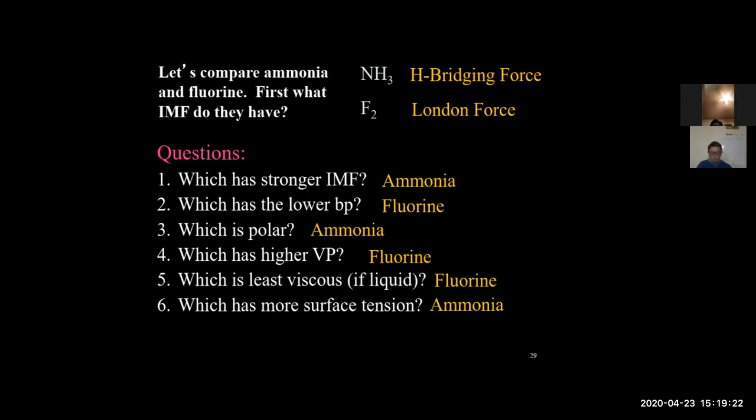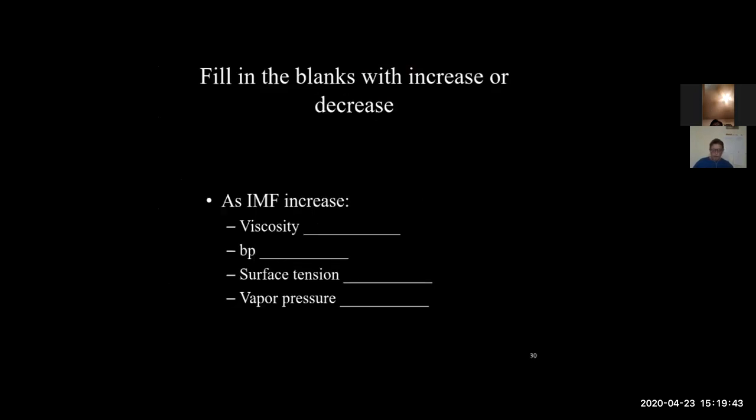Okay. Now, these questions were asked in this mode, but you could easily change the question. As number one, instead of saying which is stronger, you could say which has weaker. Number two, you can say which has a higher boiling point. Just invert the question. Okay, so questions can come at you one or two ways.